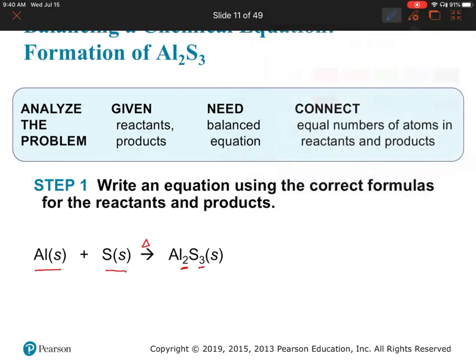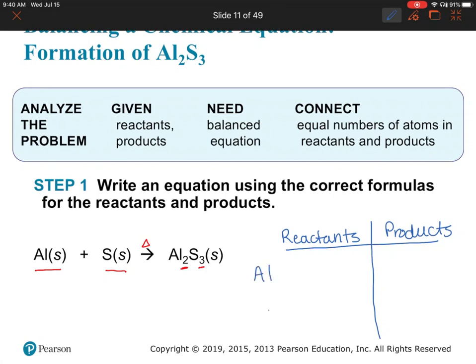So what I usually do is I write out a little table of reactants versus products. And then I list the elements off to the left. So we have aluminum and sulfur.